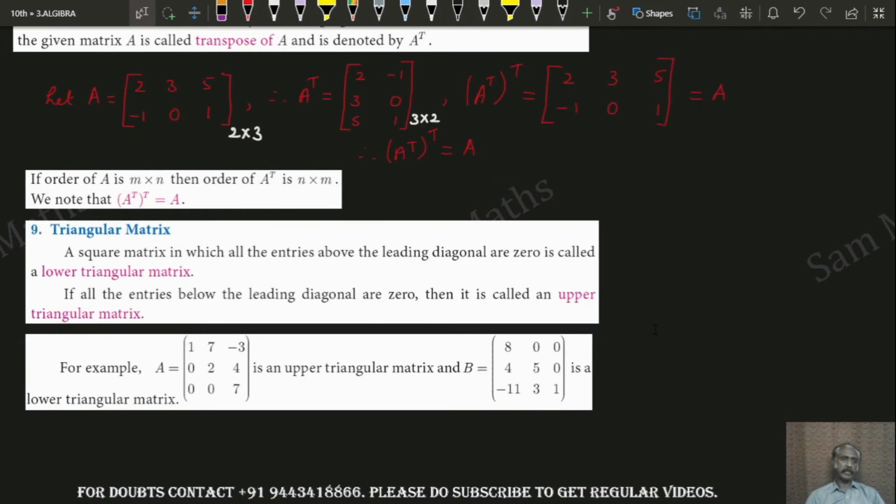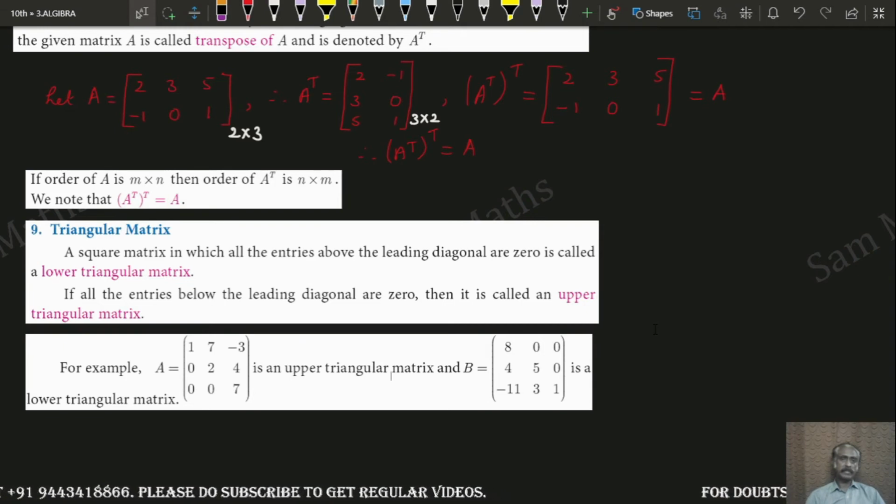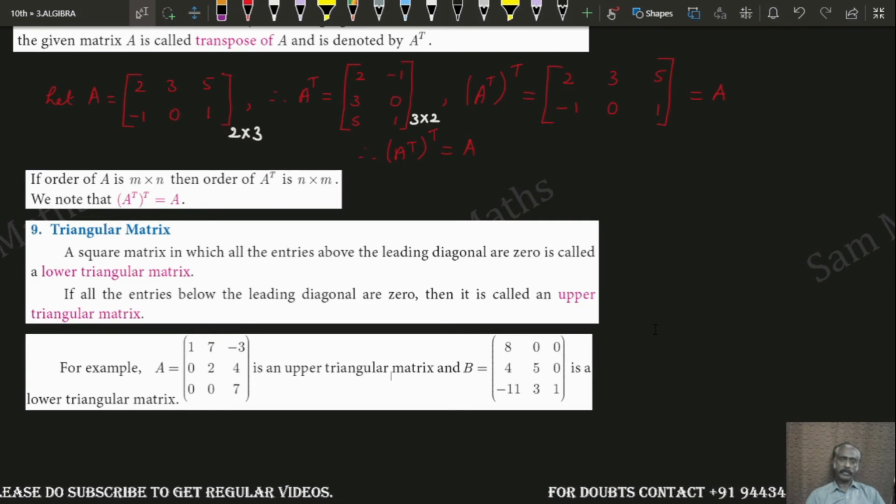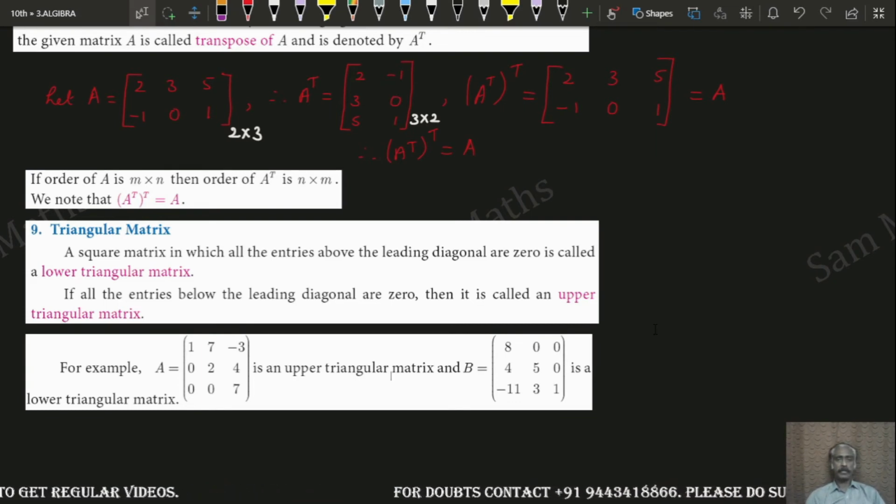Next is the triangular matrix. A square matrix in which all the entries above the leading diagonal are 0 is called a lower triangular matrix. So make it very clear.